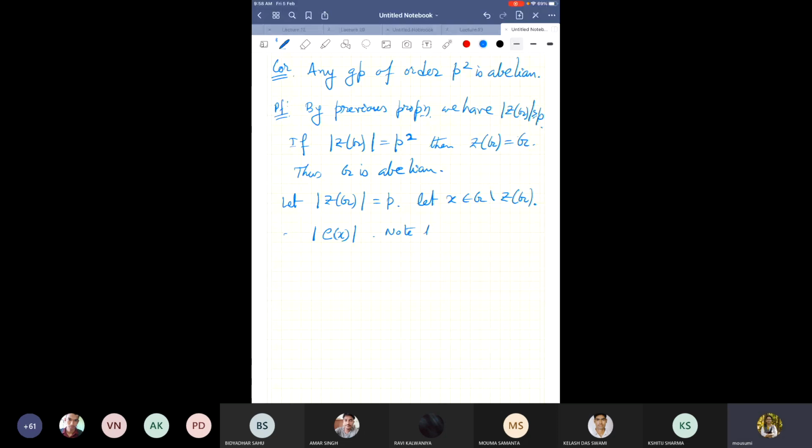So note that the center of G is sitting inside the centralizer of X, isn't it? Is the center of the group sitting inside the centralizer of X or not?